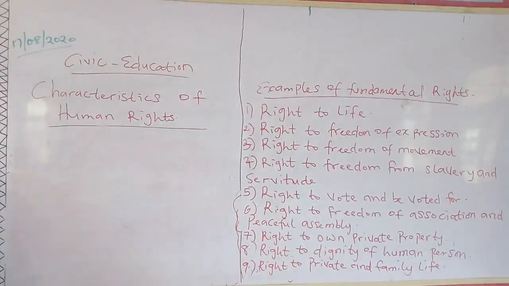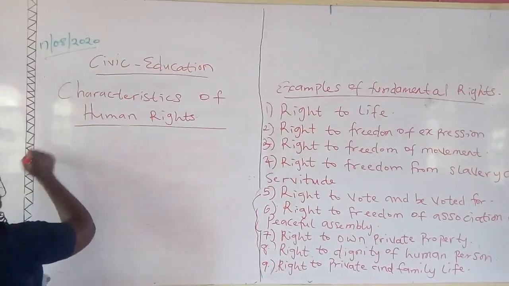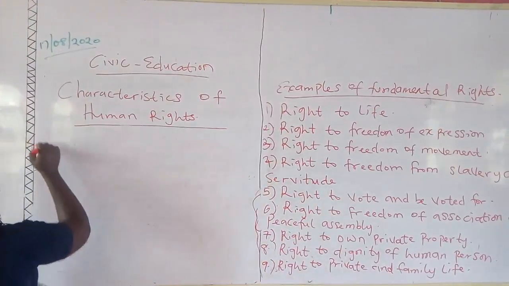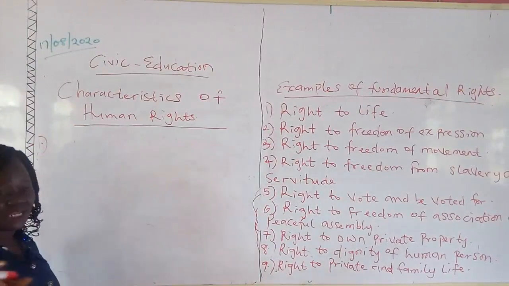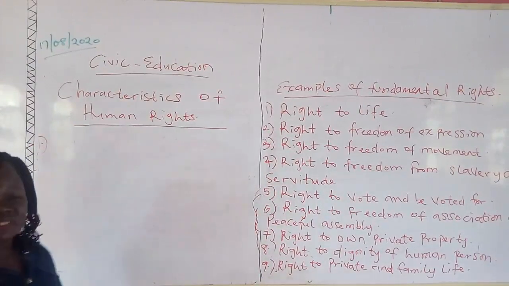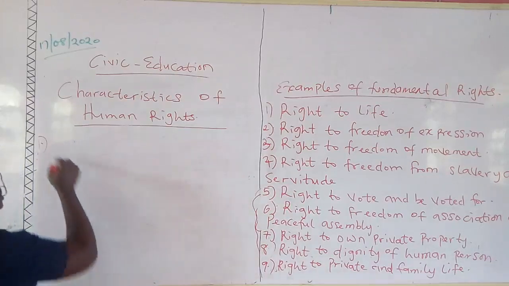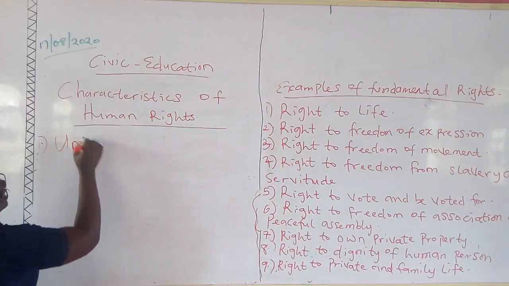It is worthy of note for us to know some of the features or some of the characteristics of human rights. Number one, we must understand that this fundamental human right that we are discussing, or that has been written down in the Constitution, is universal. So one of the characteristics of human rights is its universality.